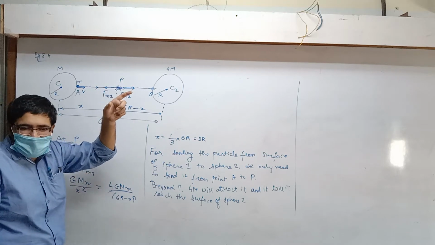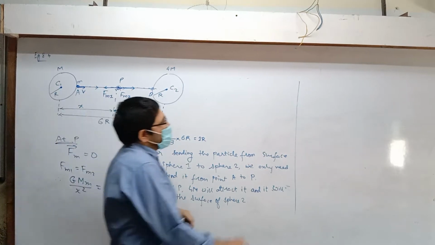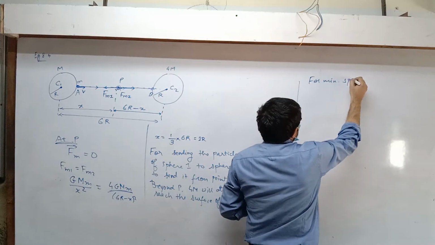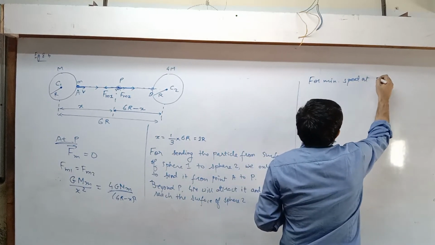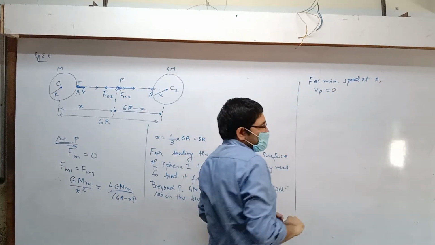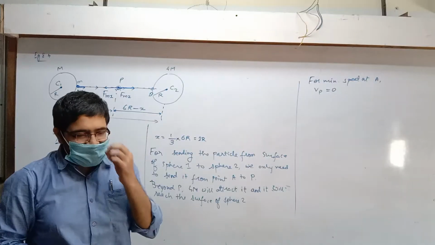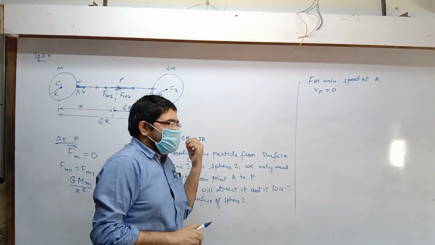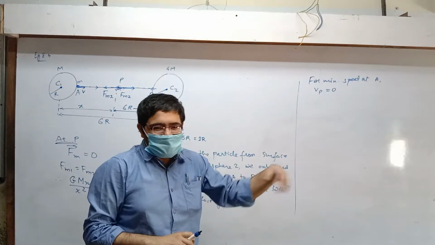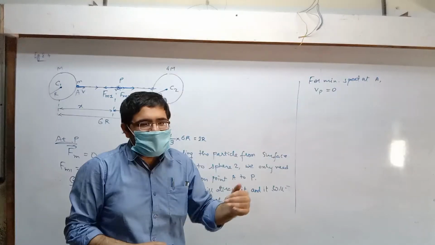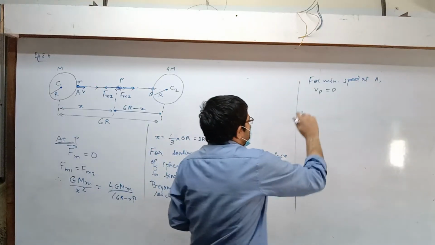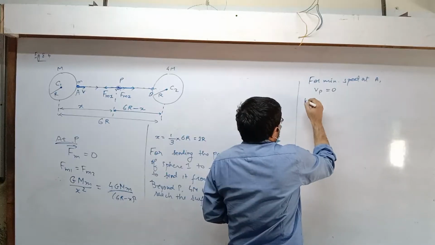So for minimum speed at A, Vp should be equal to 0. That is negligible actually. 0 exactly won't do, but 0.000001 would do, or even smaller. So actually it's a limit tending to 0.